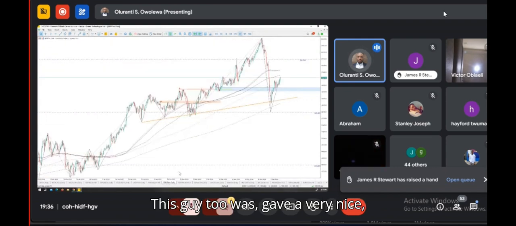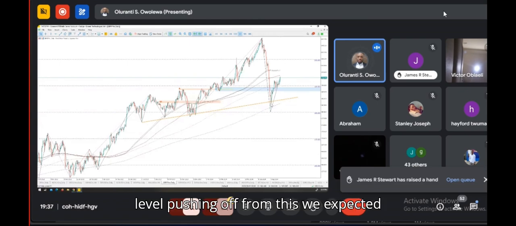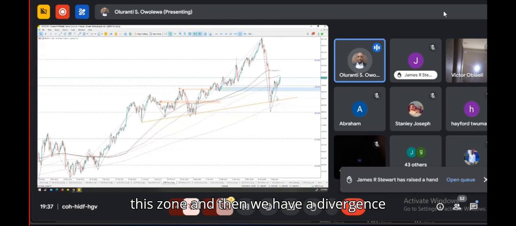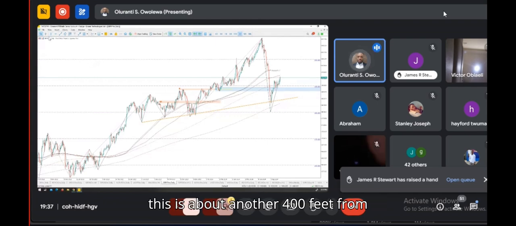This guy too gave a very nice look at the reaction here. It's still the same thing with the USD JPY we talked about. The reaction from this trend line zone level, pushing up from this, we expected this zone, and then we have a divergence here showing the 97 region. This is about another 400 pips from where it is.